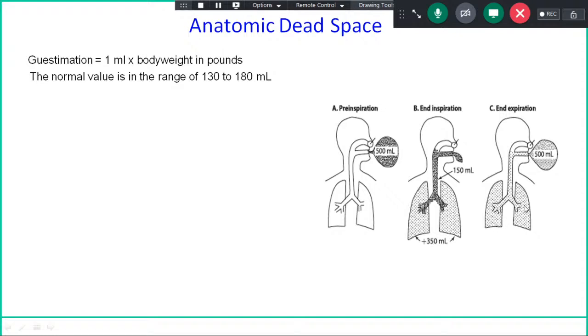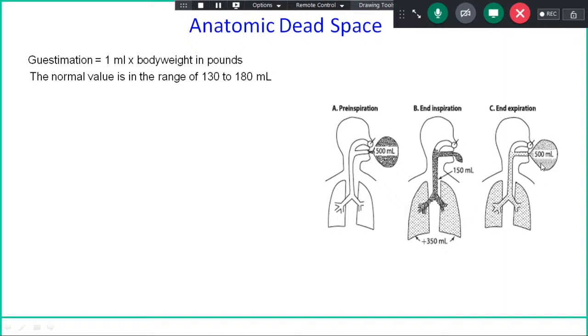So as a result, the initial part is the concentrated gas, and then it will be the diluted, and at the end of the expiration, what comes out and is present in the balloon is a mixture of what it was earlier, which is coming from the conducting airways, and a part from the alveoli which is diluted.